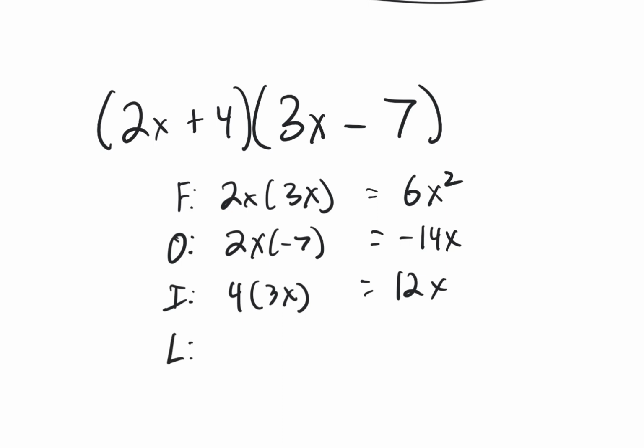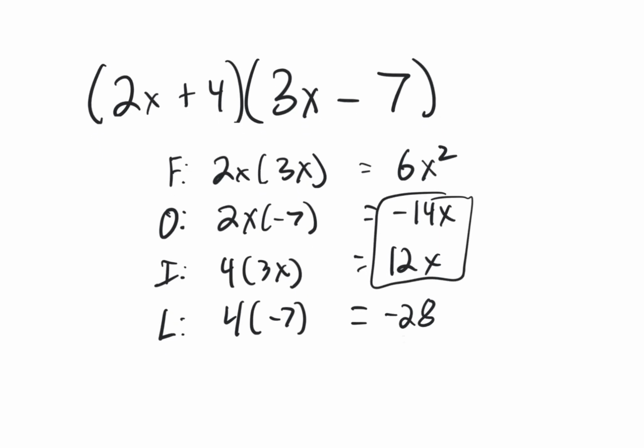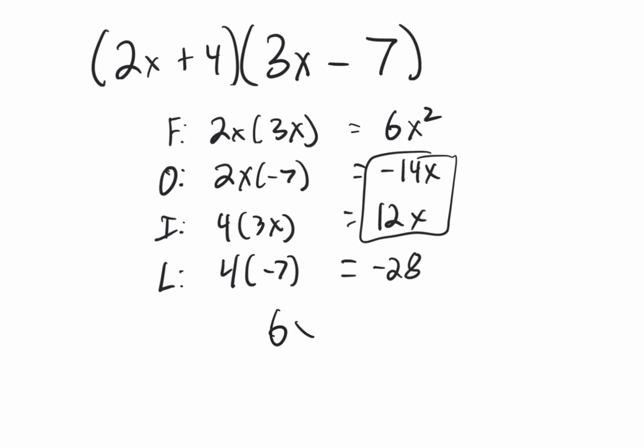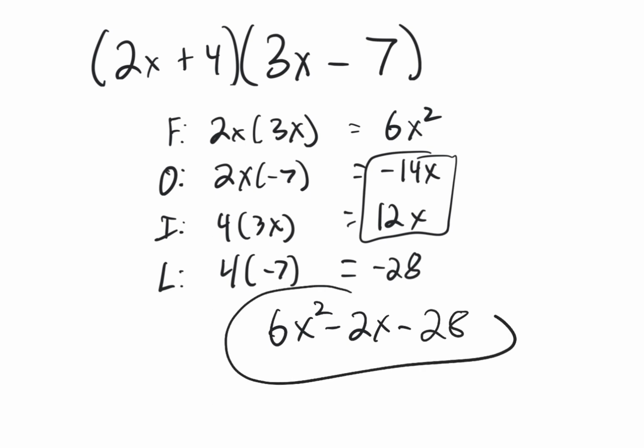And last is 4 times negative 7, which is negative 28. Now you can combine those two middle together for an end result of 6x squared minus 2x minus 28.